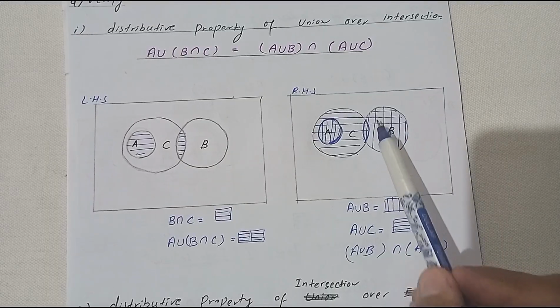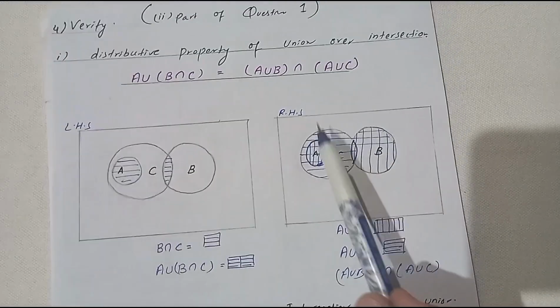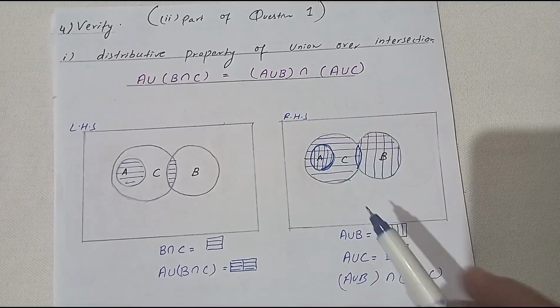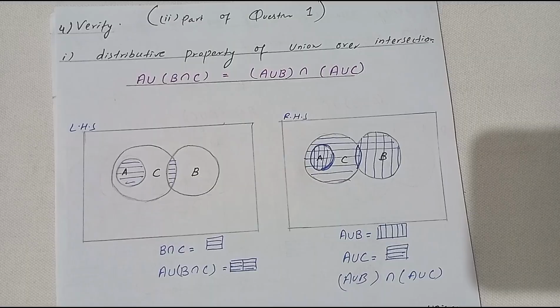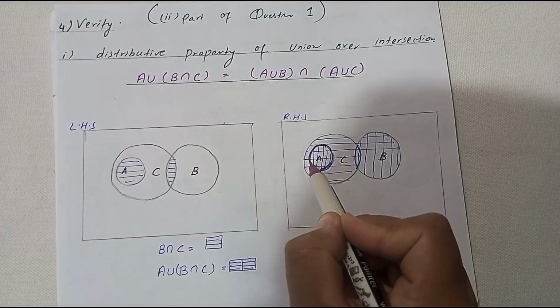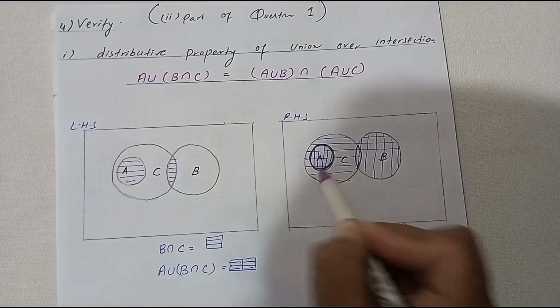So this shading is by mistake. So the common part of A union B intersection A union C is the purple shade highlighting.